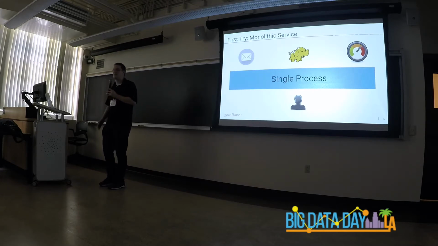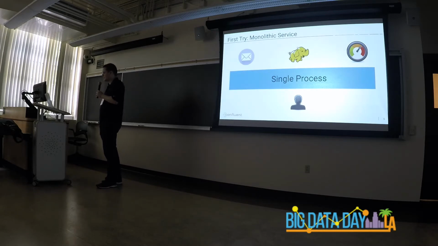The other is we want to export this data to HDFS, so we can start processing it with Hadoop and get all of our Hadoop-y goodness there. And the third one is we want to be able to track metrics about this service, like how many users are using the service in each different region, as well as metrics that pertain to the operation of the service itself, like what's the load on this server and stuff like that.